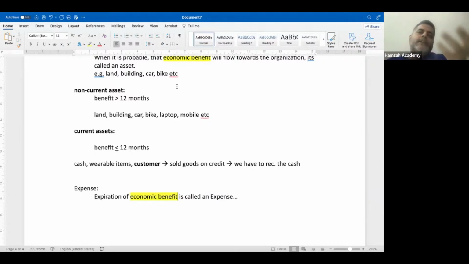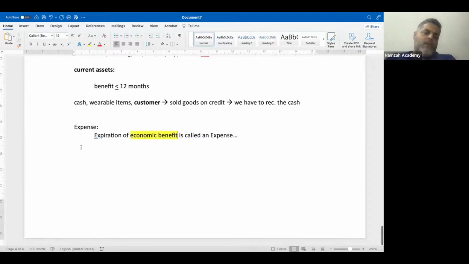When we are out of balance, she literally says to us to go get the balance and then come back. So that is the relation of the expense and the asset: the economic benefit is going to give you the benefit and then it expires.